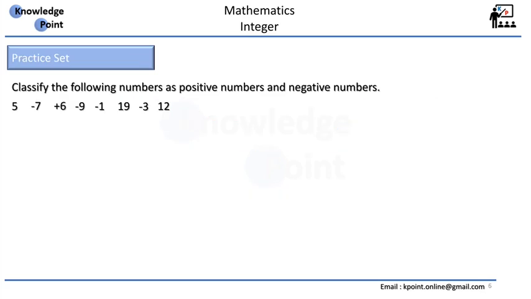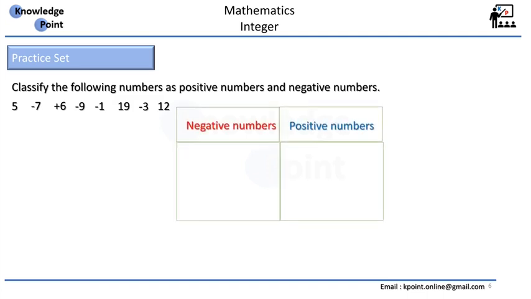To understand a little more, there is another example. Classify the following numbers as positive numbers and negative numbers. So they have given you the set of numbers, and we need to separate which is negative and which is a positive number. So there are two columns, negative and positive numbers.